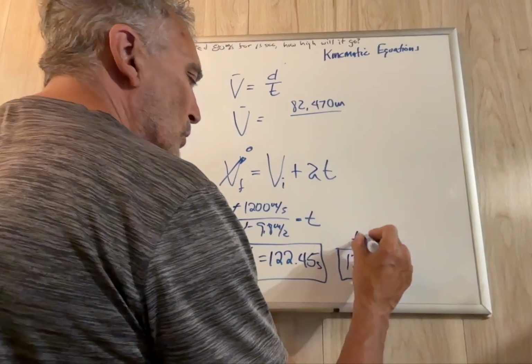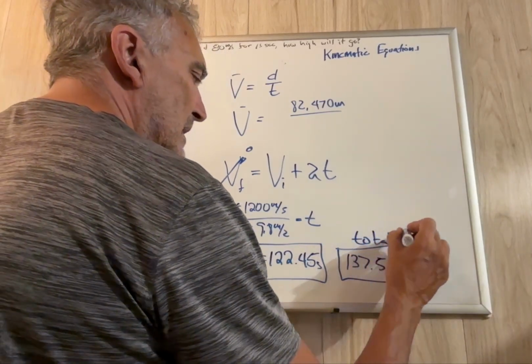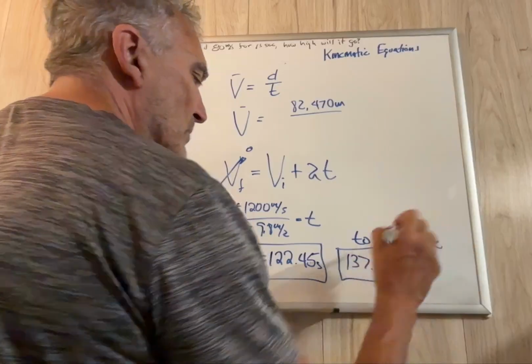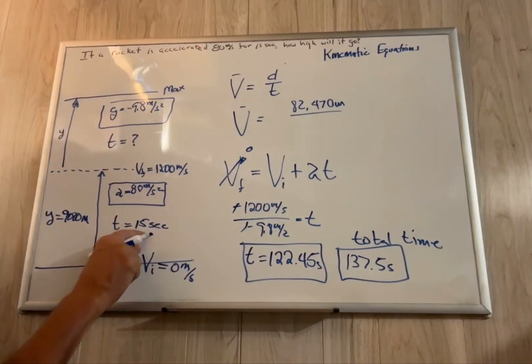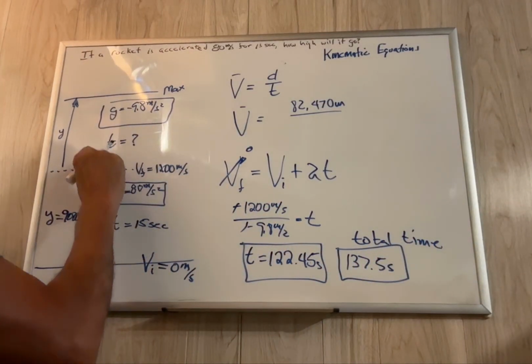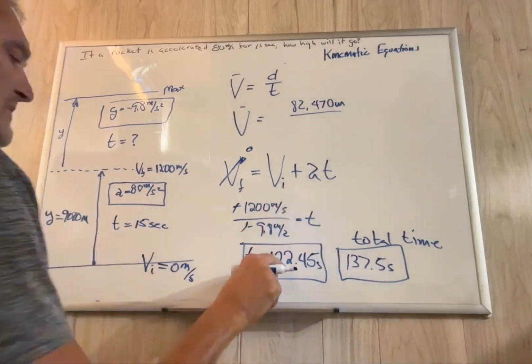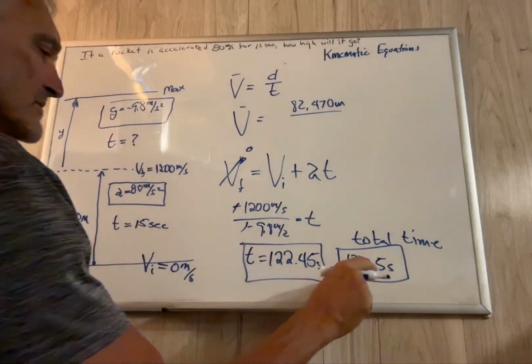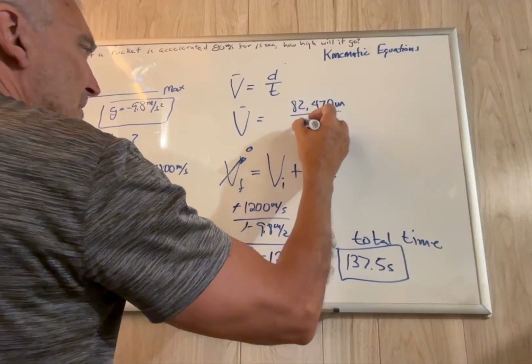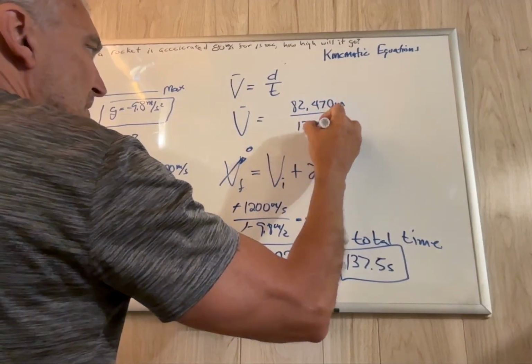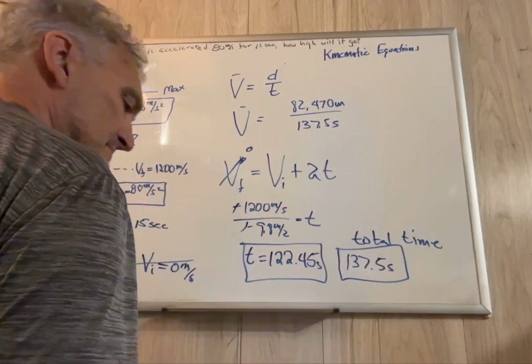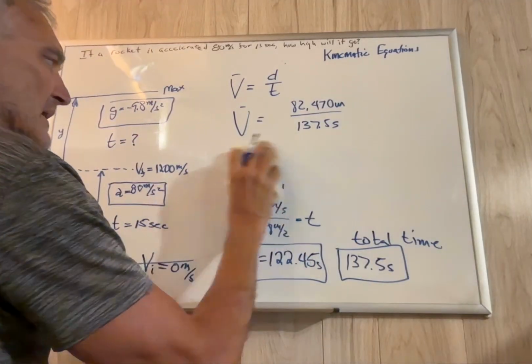This is our total time. That's important to realize, what we were finding. We already knew this one here. So we found how long it took to go from there to there. We used this equation to get that. Then we added this 15 seconds to get the total time, 137.5 seconds.